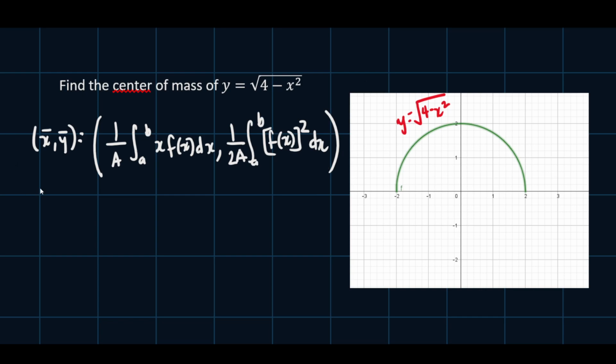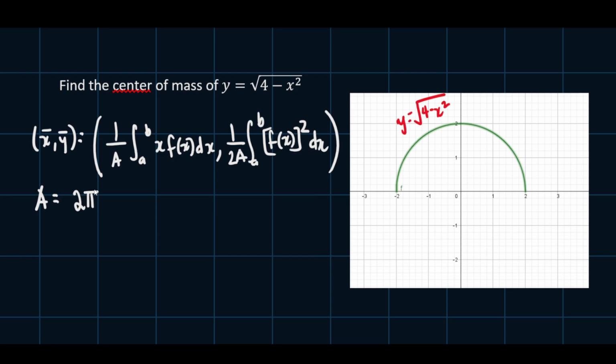For the area, we just need the area of this semicircle. You can either use trig sub or think of it as half a circle of radius 2, so using the formula for the area of a semicircle, the area of this region is 2 pi.